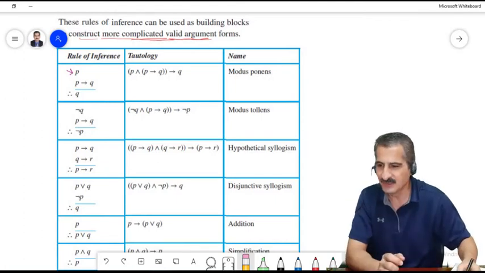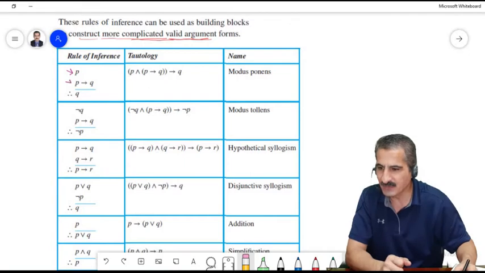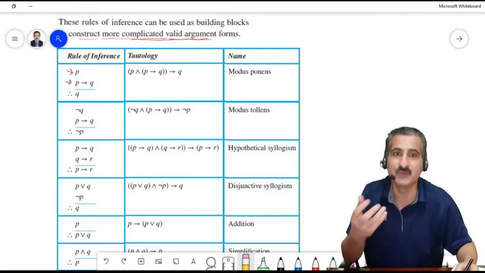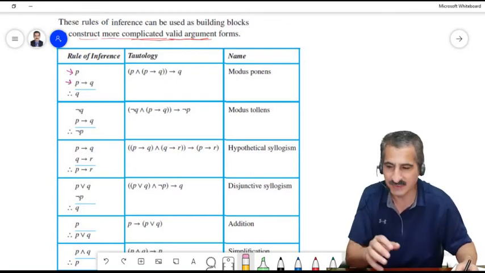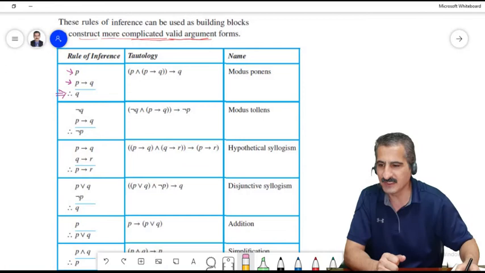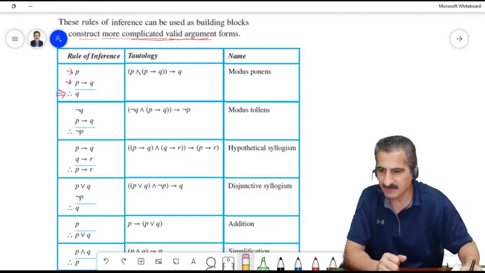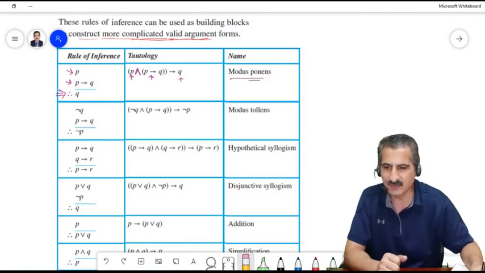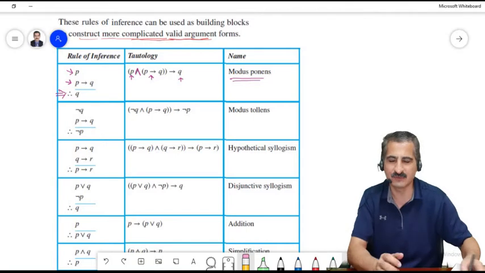So if we have P, and if we have P gives Q as true statement, then for sure we will have a conclusion that Q happened. So this is the P, and P gives Q, and the conclusion is Q. And this is called modus ponens. We will not worry about the names.